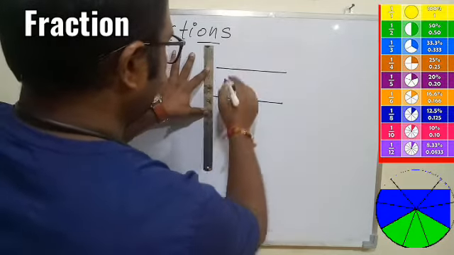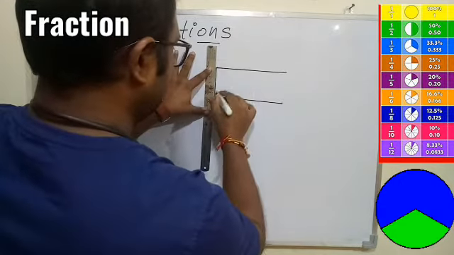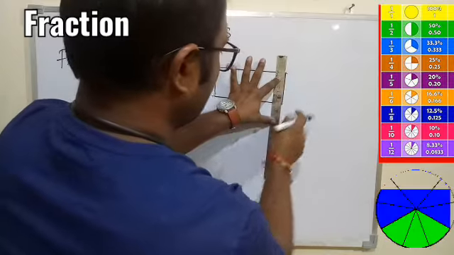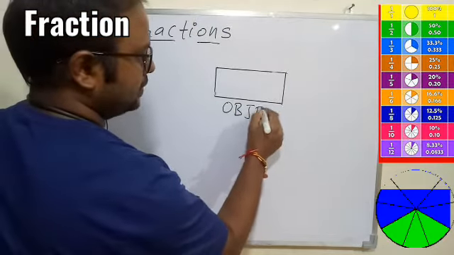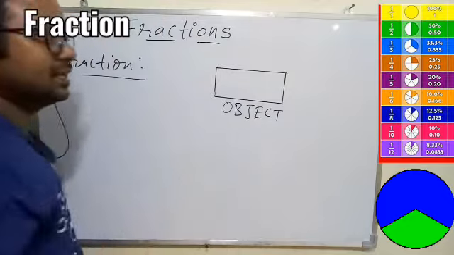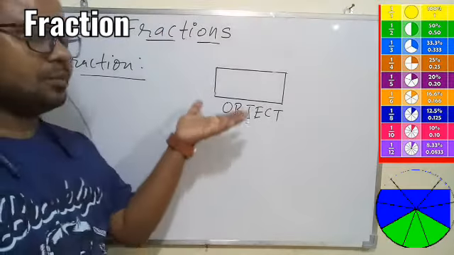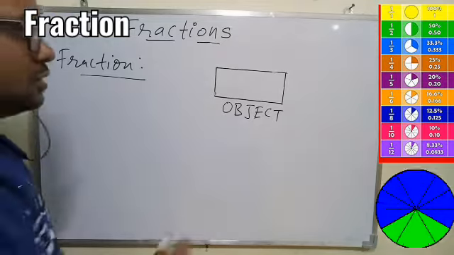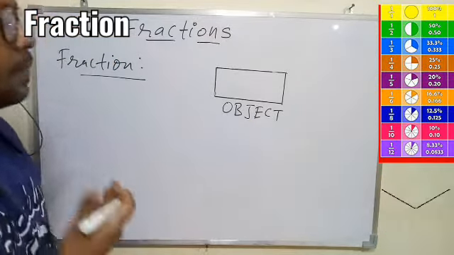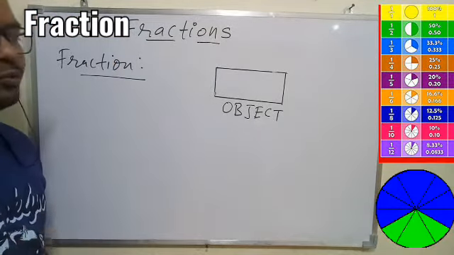Okay, so one object is given to us. That object is having the shape like a rectangle as shown to you. So this can be a piece of paper in the form of a rectangle. Okay, so this one object is given to you, and now this object is to be divided into equal parts.